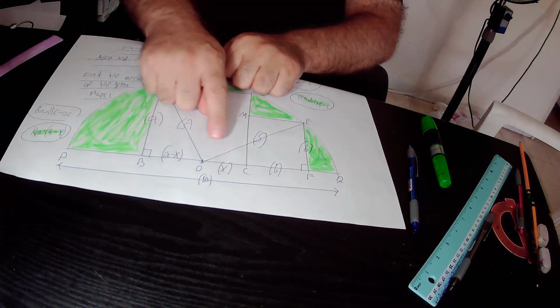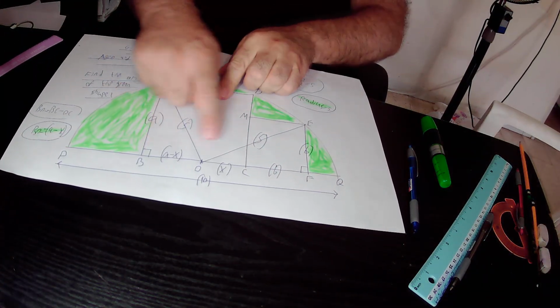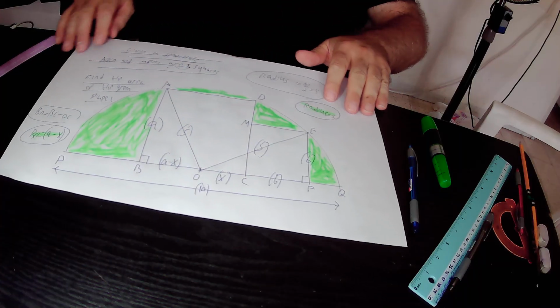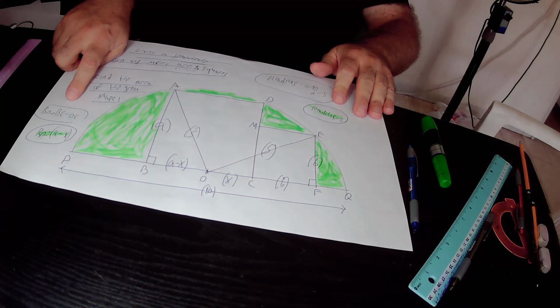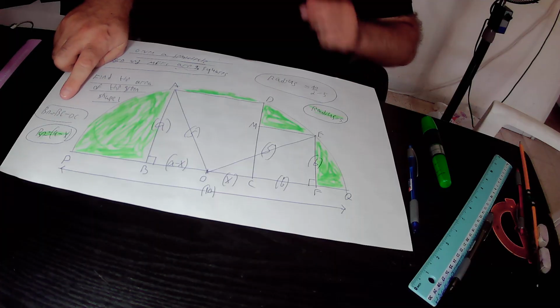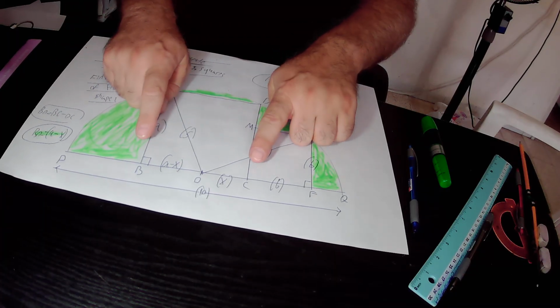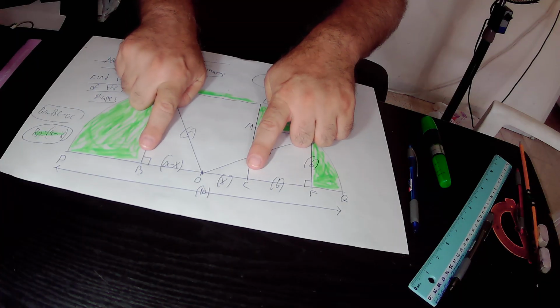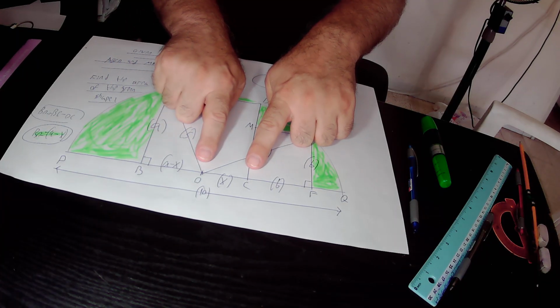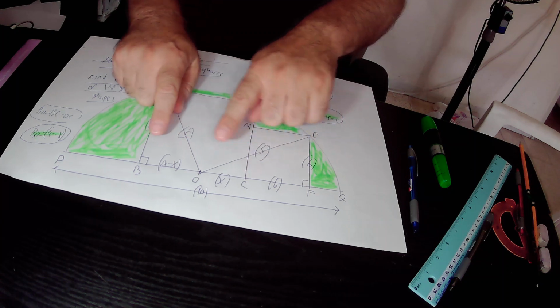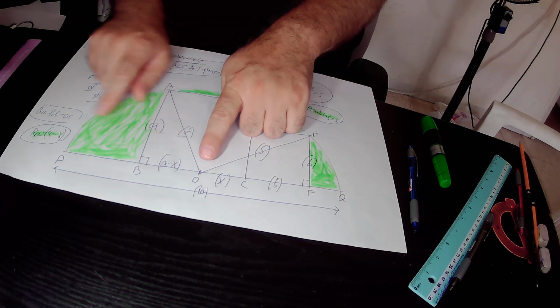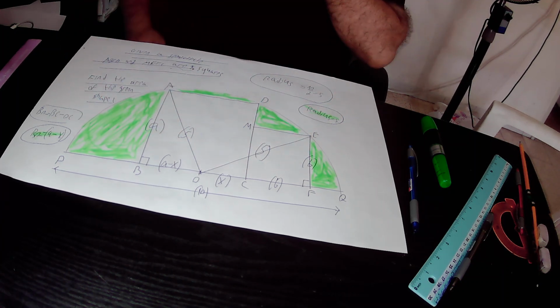BO equals BC minus OC. BC is A according to our definition, minus OC. OC is X also according to our definition. So in total, the missing side BO equals A minus X units in length.